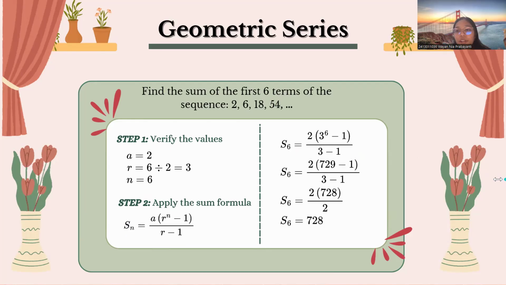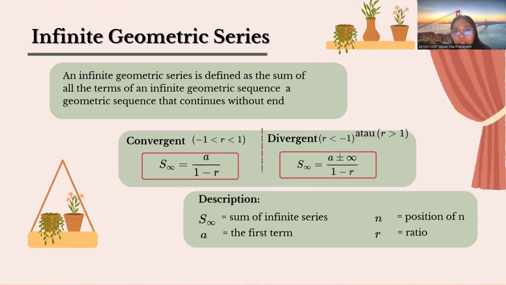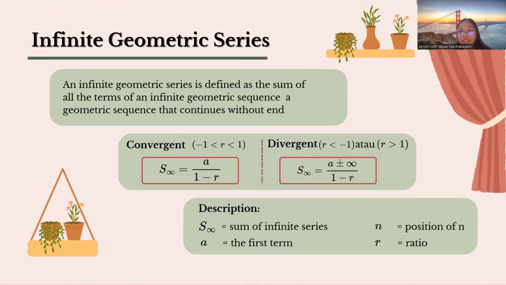After that, we're going to continue our topic to the infinite geometric series. Has any of you asked, what if we keep adding the terms of a geometric series to infinity? What will happen?